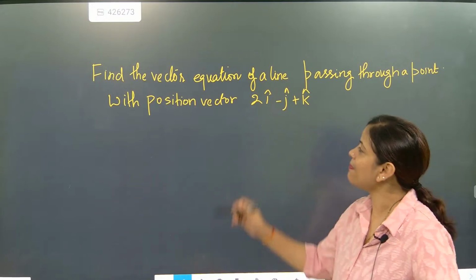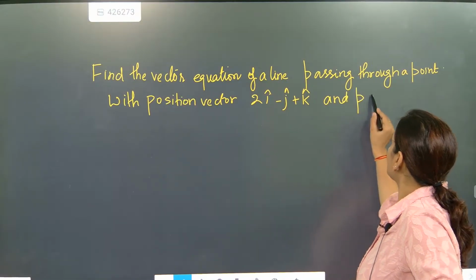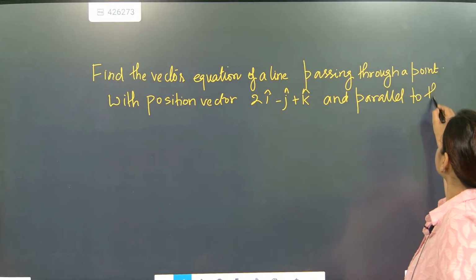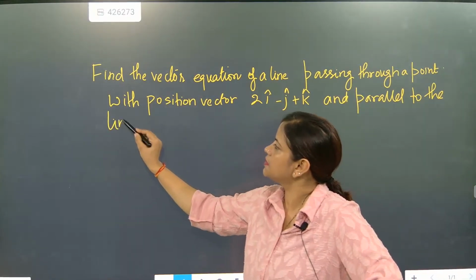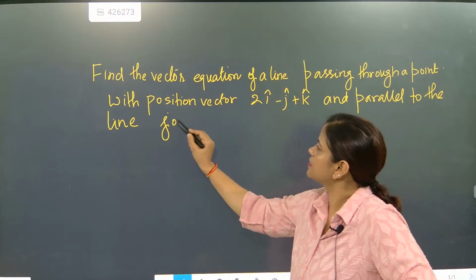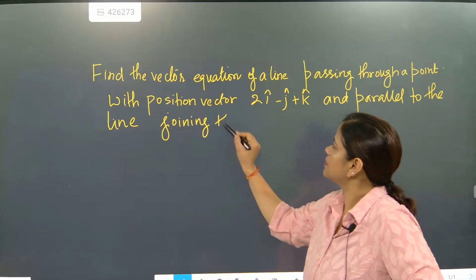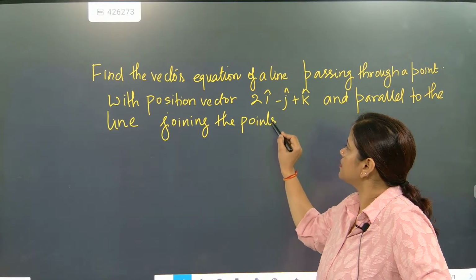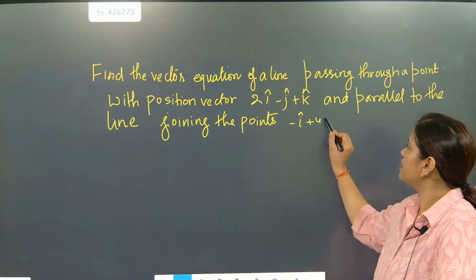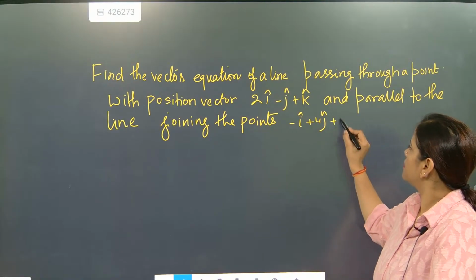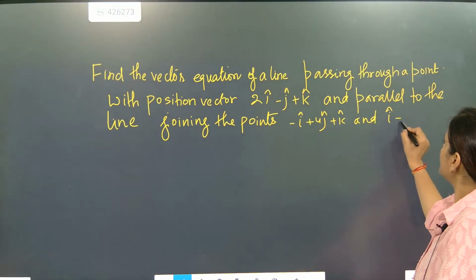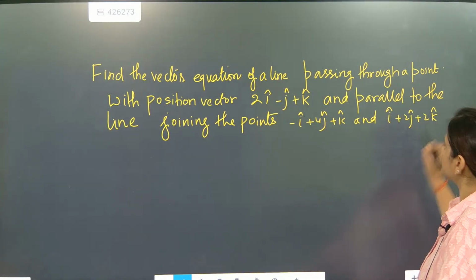This much is given. And parallel to the line, okay, and is parallel to the line joining the points minus i plus 4j plus k and i plus 2j plus 2k.